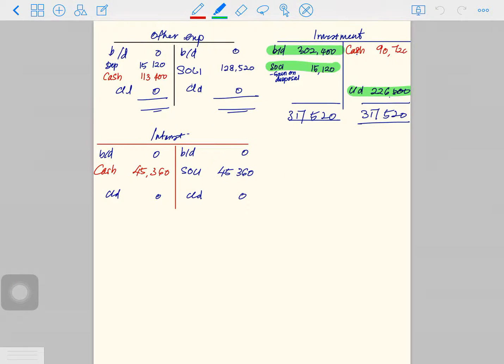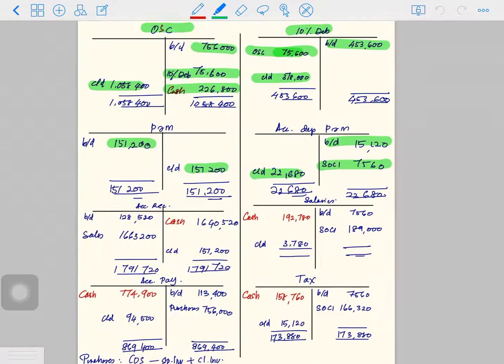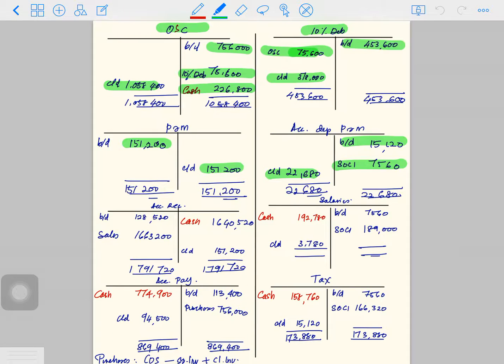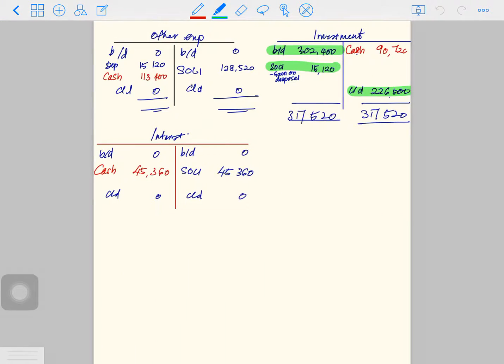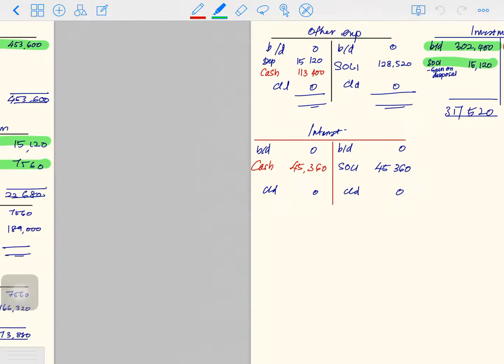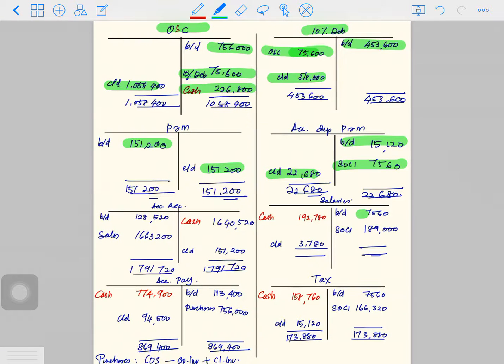Sini tak ada. Other expenses. Apa dia? Yang ni.